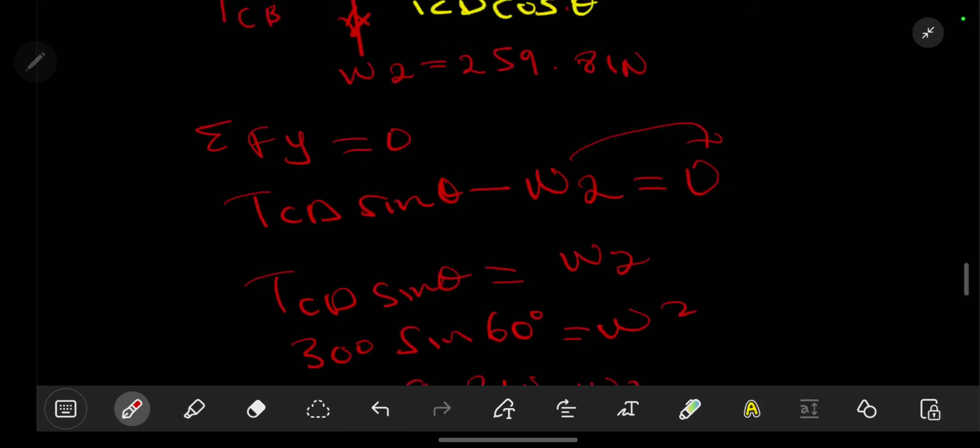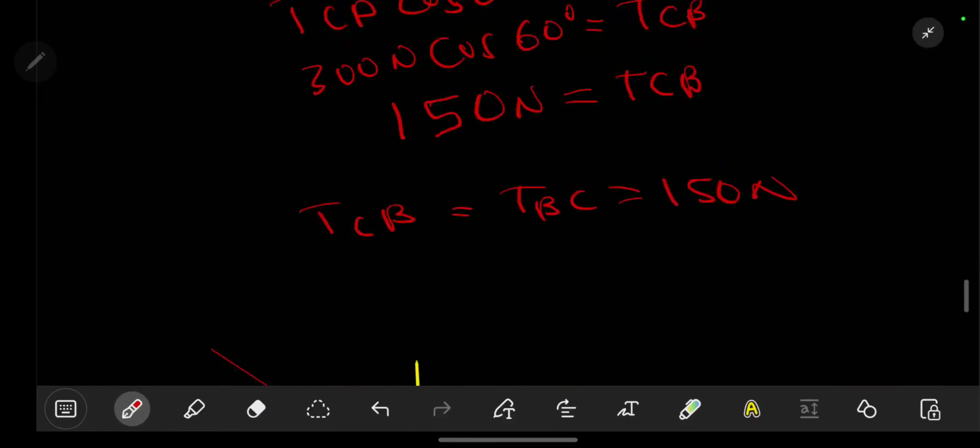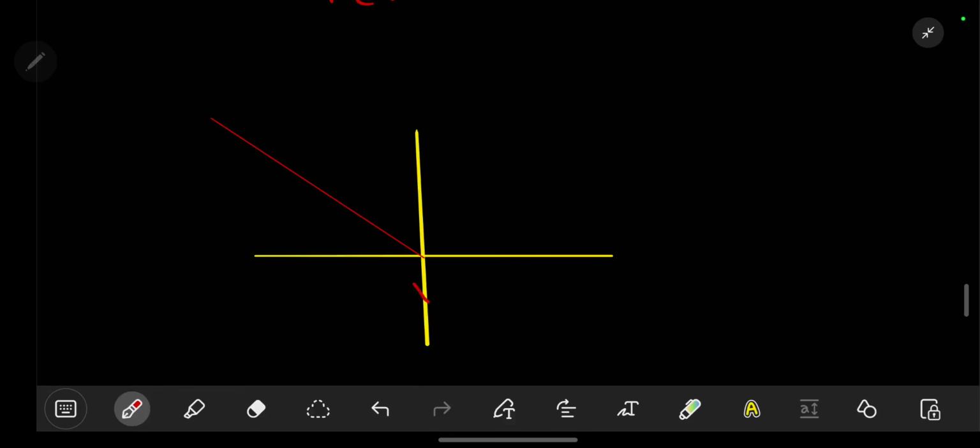Then what do we have? We have one weight pulling down, which is the weight number 1. Then we have our CB, so our BC, which we found to be equal to 150 newtons.